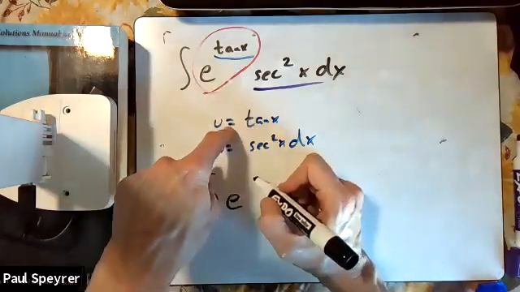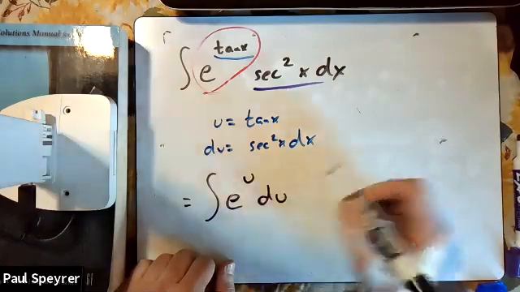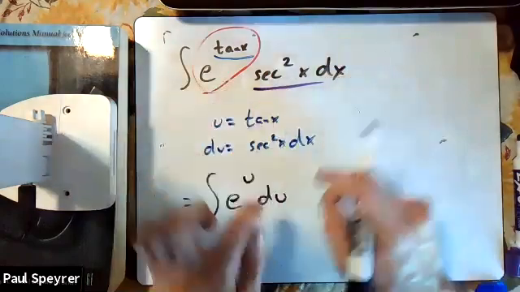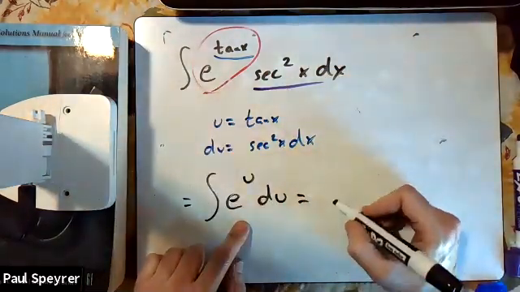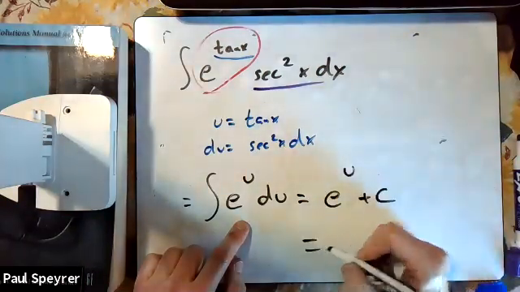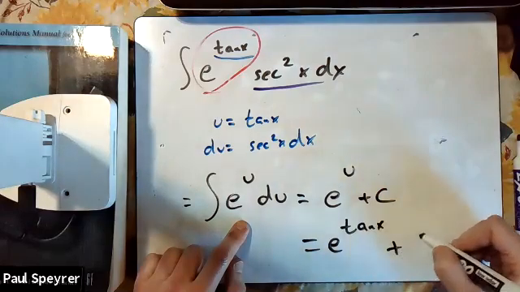Because we let u be tangent of x, and then du, right? Because what is du in this case? The secant squared x. So now look, something very easy. What's the antiderivative of e to the u? E to the u, and then plus c. But to finish it, we have to go back to x, right? So e raised to the tangent of x plus c.